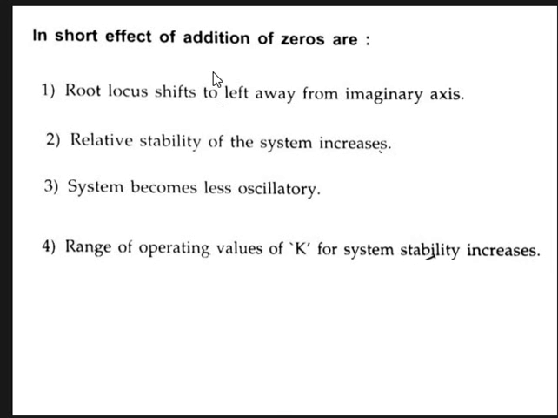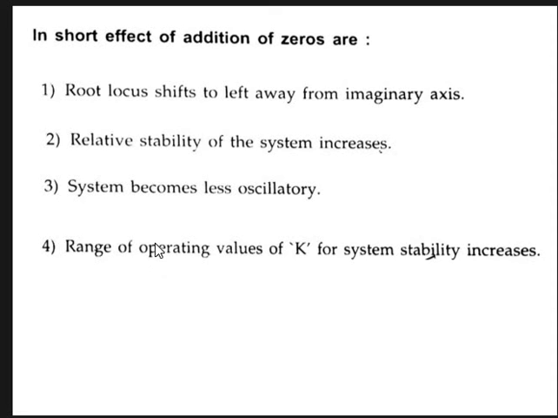Compared to adding poles and zeros to the root locus: when we add a pole, the root locus shifts towards the imaginary axis. When we add a zero, it shifts away from the imaginary axis, quite opposite. Second, when we add poles, the relative stability of the system decreases. When we add zeros, the relative stability increases, quite opposite.